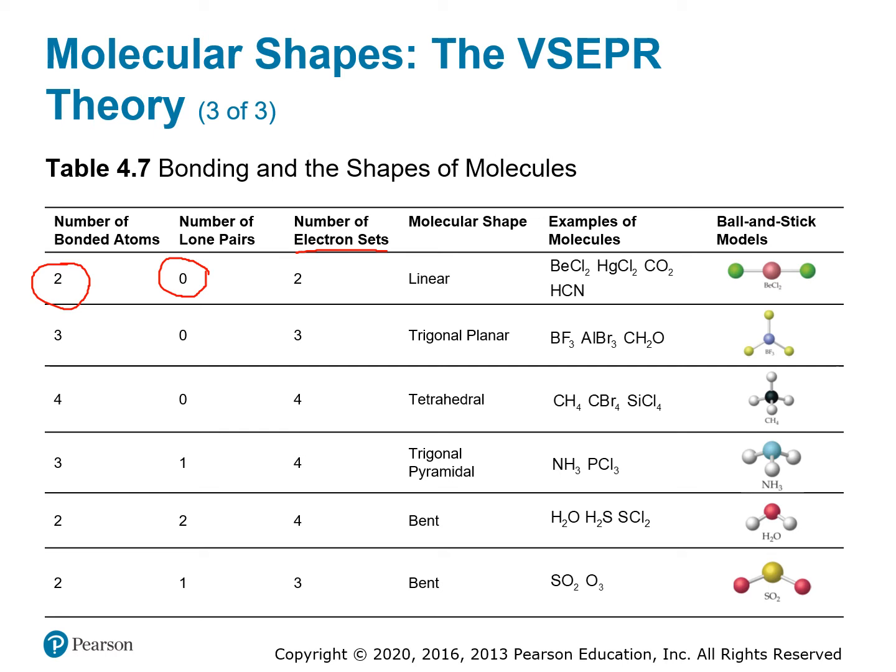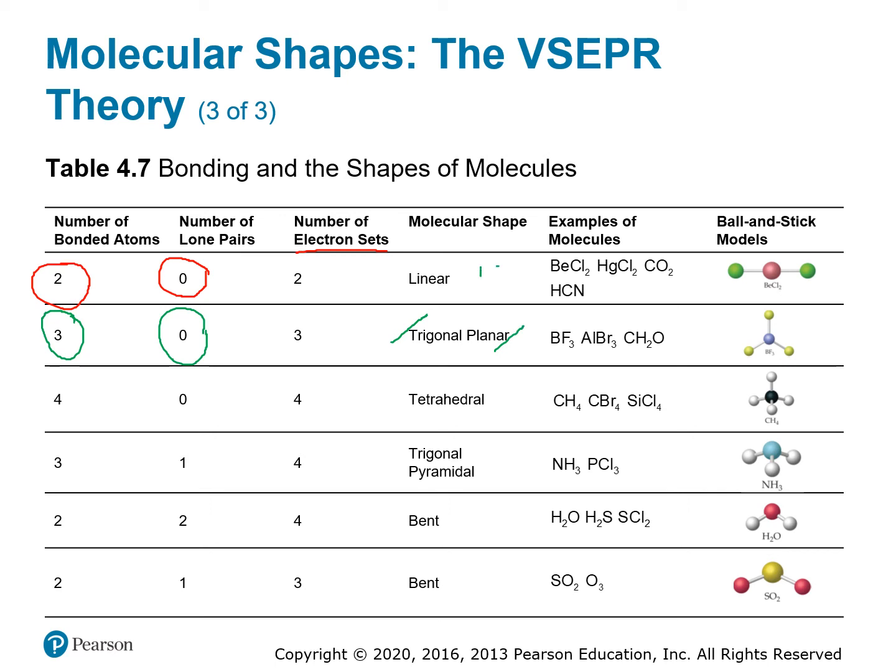Then when there are three bonded atoms, so I'm going to change the color here. So you have three bonded atoms, no lone pairs of electrons. Remember, lone pairs are the ones which do not form bonds, they just sit on an atom. So because there are no lone pairs, these bonded atoms become the electron sets, and now you have three, and we just saw that the shape in that case is called trigonal planar.